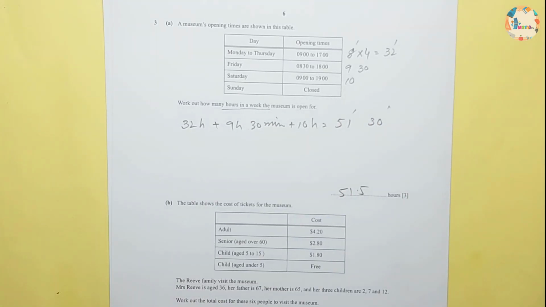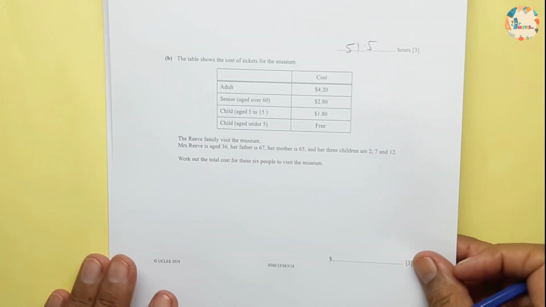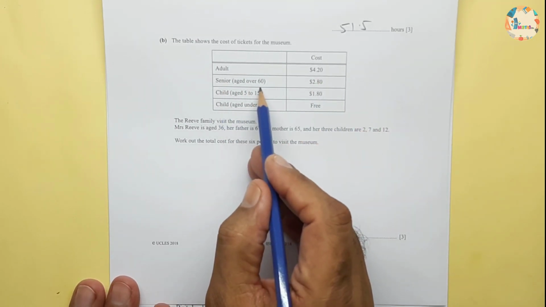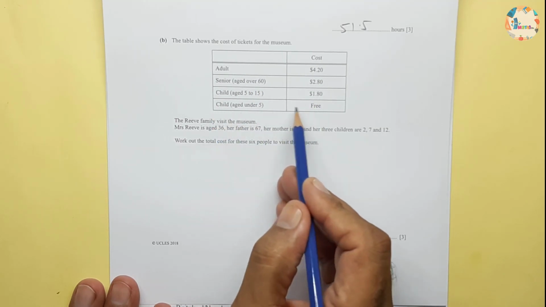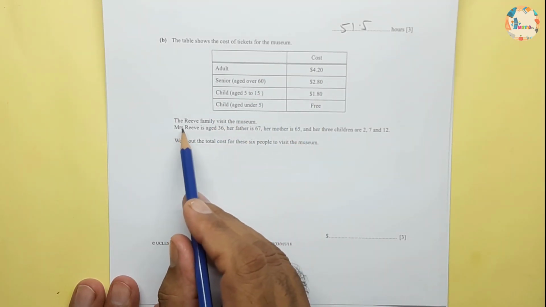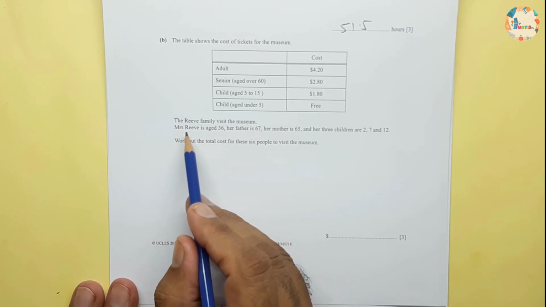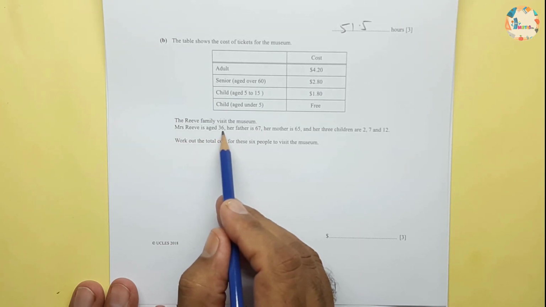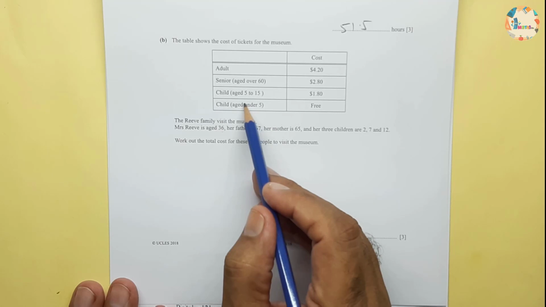The B part, the table shows the cost of tickets of museum. An adult is this much, senior aged over 60 will be this one, 5 to 15. These are different categories. The Ravi family visit the museum. Mrs. Ravi is age 36, so she will be within adults.